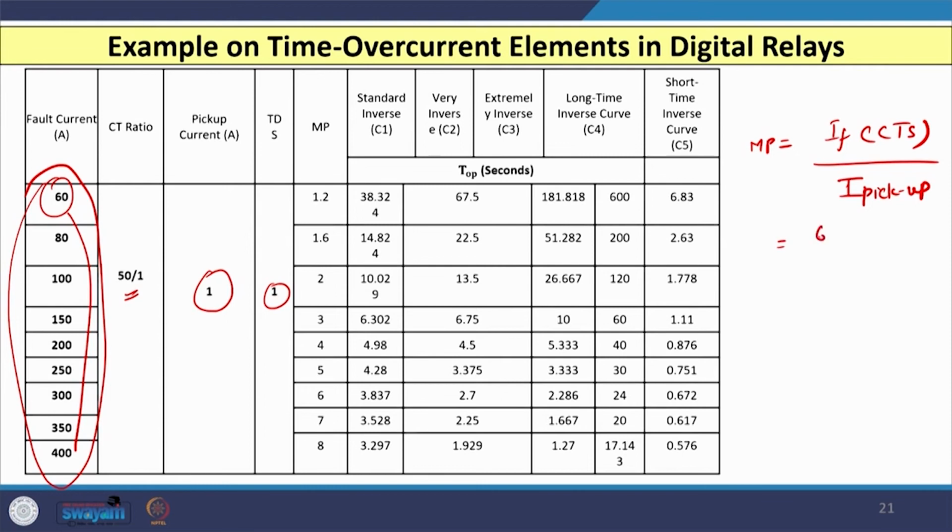So, if I just consider the first fault current, which is 60 ampere, I have to refer it to the CT secondary. So, that is to be divided by CT ratio, that is 50, and that is again divided by pickup current, that is 1.